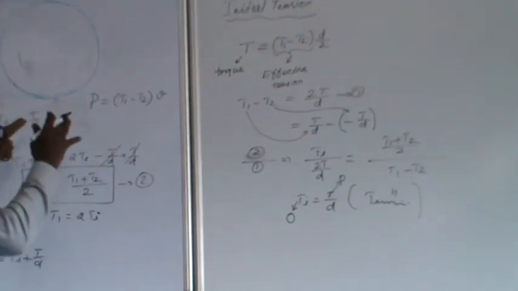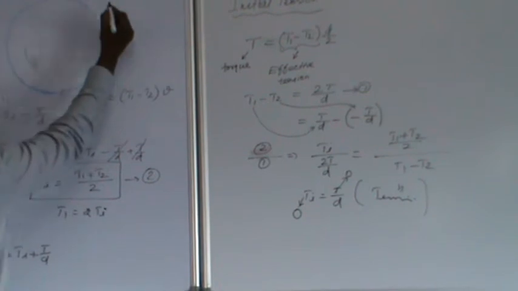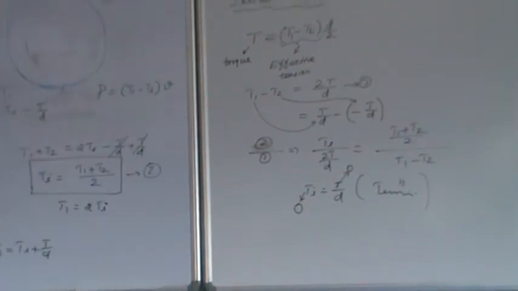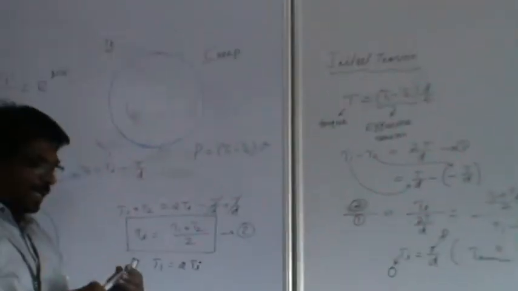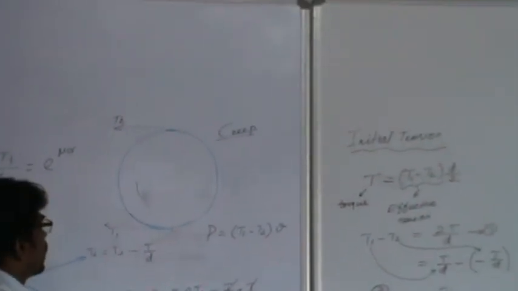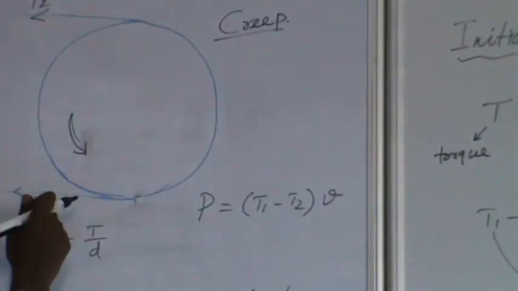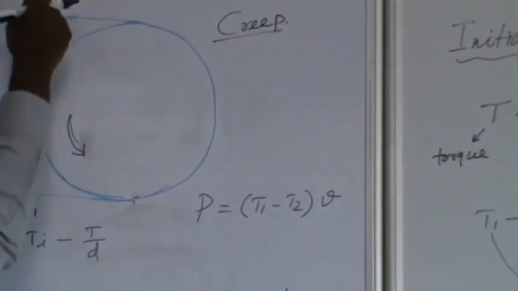Let us also now discuss what is creep in the belt. This is not the mechanical property creep, it is the creep in the belt. Let the pulley rotate in this direction, and let this be T1 and T2.